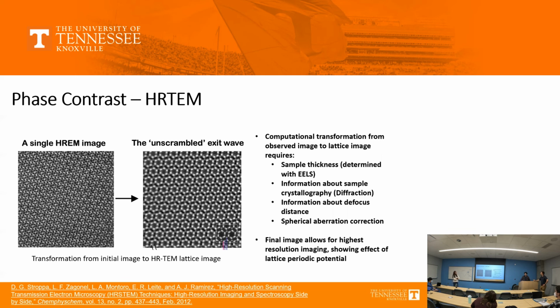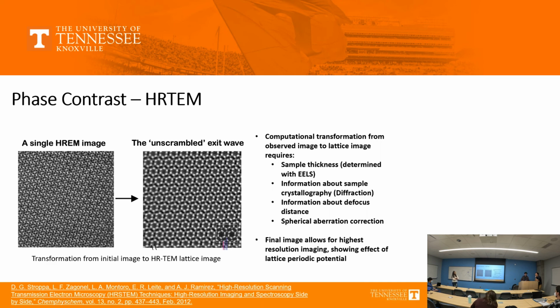So the way you do it is you take this really deep fried image on the left here, and you do a lot of computational processing, based on your sample thickness, which you use EELS to determine, information about your crystallography from your diffraction techniques, a general idea about your defocus distance, and then spherical aberration correction in TEM. You can do computational correcting to take it from this interesting left image to your actual right lattice image.